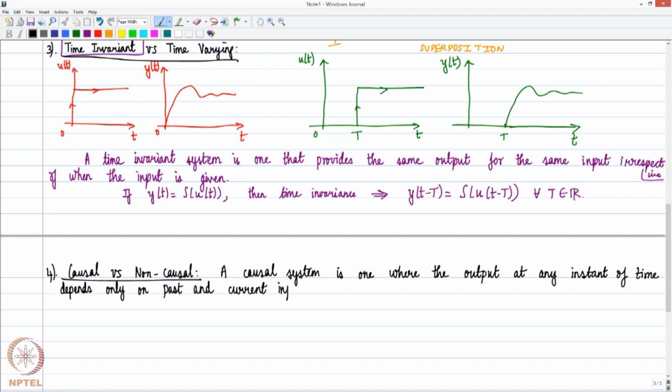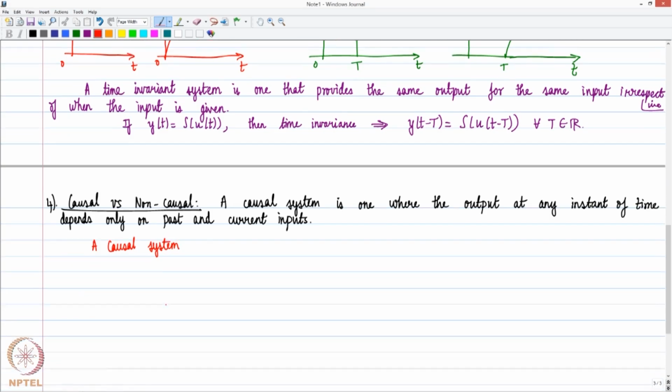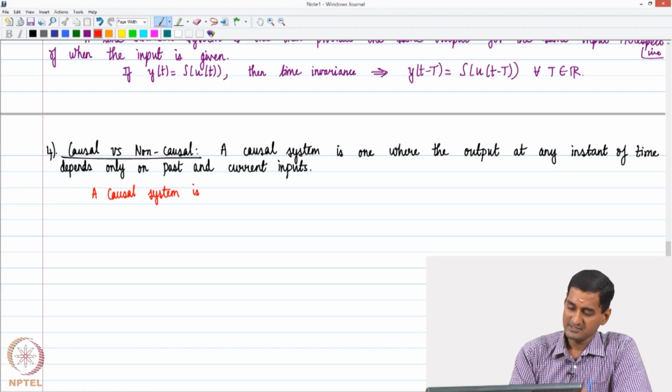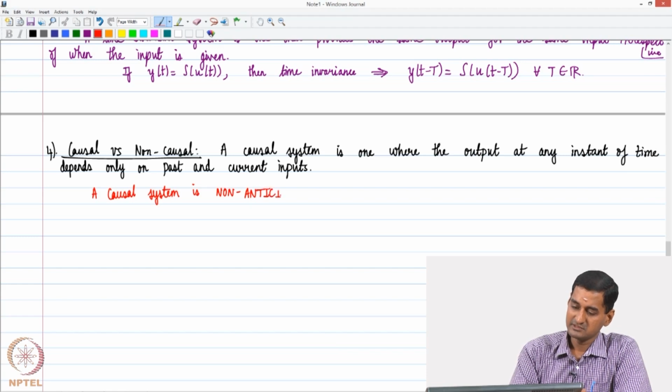So a causal system is one that is non-anticipative. It does not try to figure out what inputs may come to the system in the near future and take action right now. So a causal system is non-anticipative.